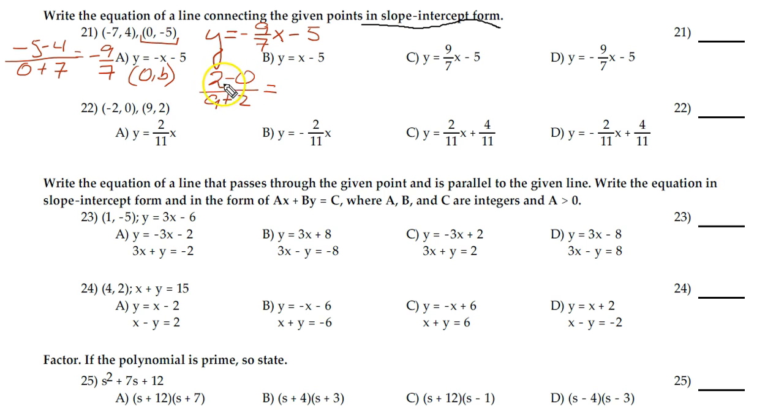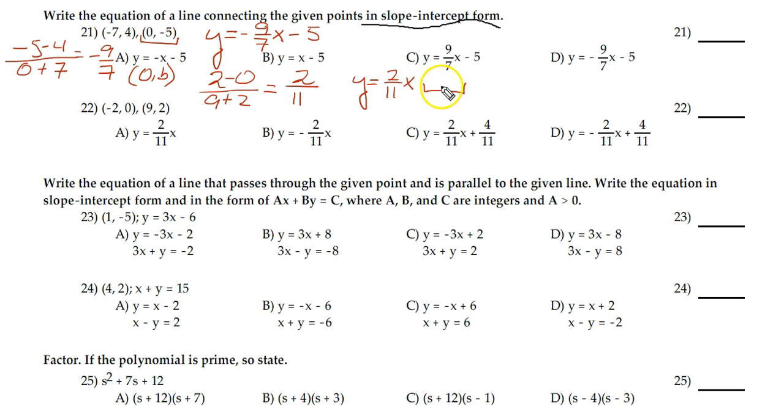So what this is going to give us then is 2 over 11. Now we see that in a couple of places here, so that means we're on the right track. But so far we have the equation y equals 2/11 x, but we don't know what our b value is going to be.